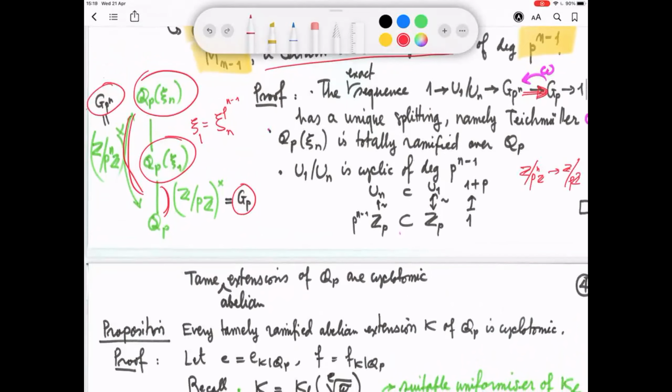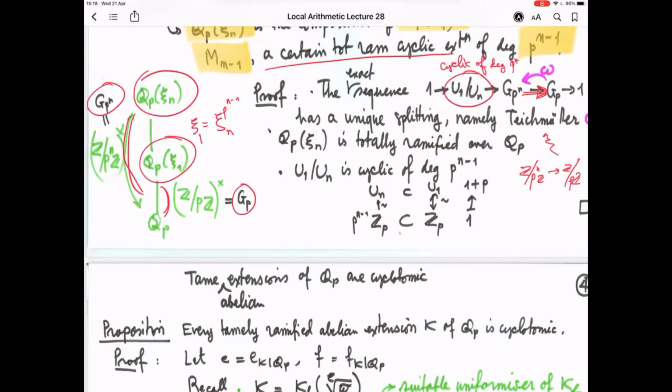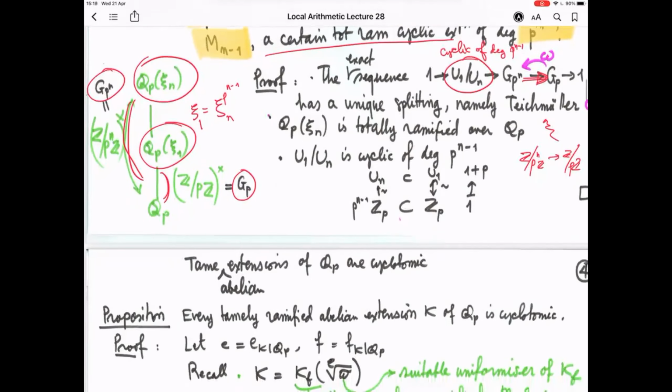It also comes from this here, right? And the kernel is U1 modulo Un. And we have seen that U1 modulo Un is cyclic of degree p to the n minus 1. Now, that is the exact sequence. And we have also seen that this exact sequence admits a unique section, omega, which is the Teichmüller section.